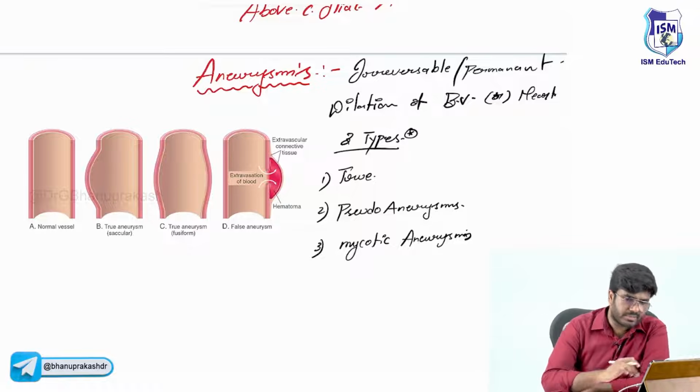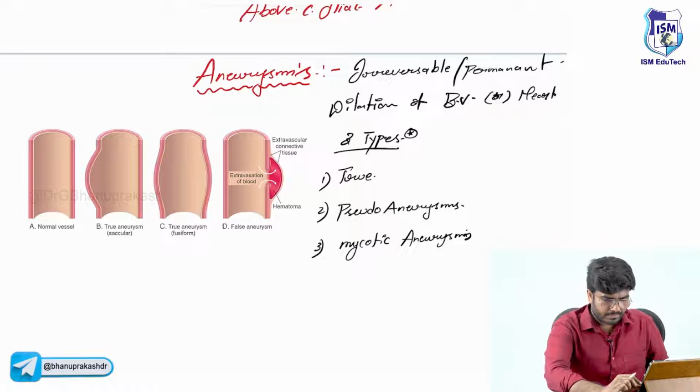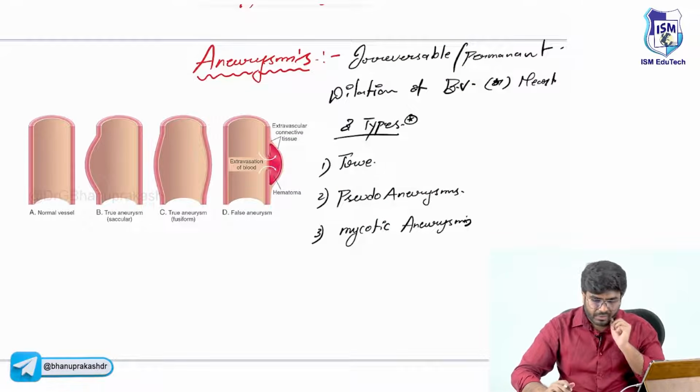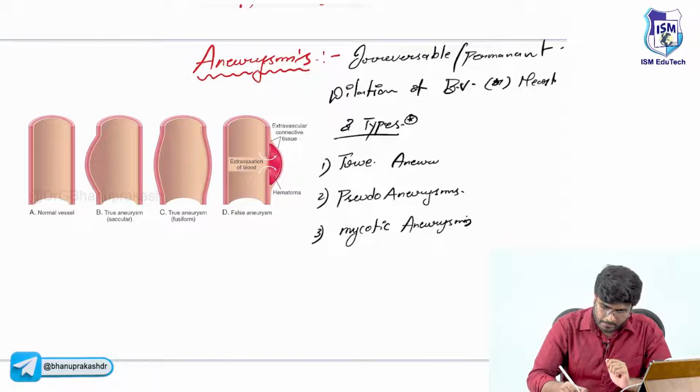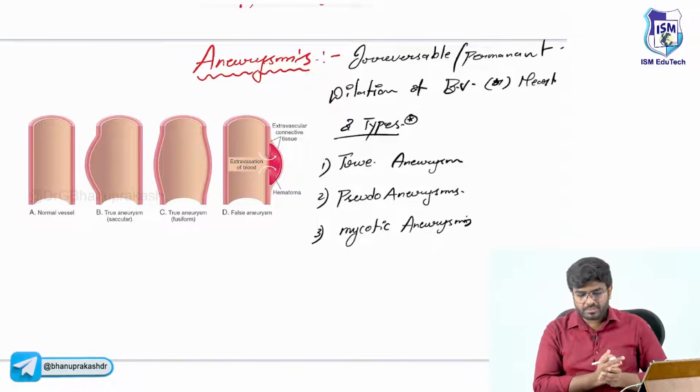There are 3 types of aneurysms which I want you to know: true aneurysms, pseudoaneurysms and mycotic aneurysms.